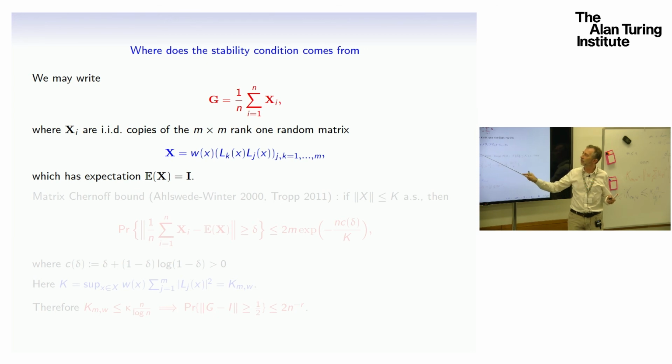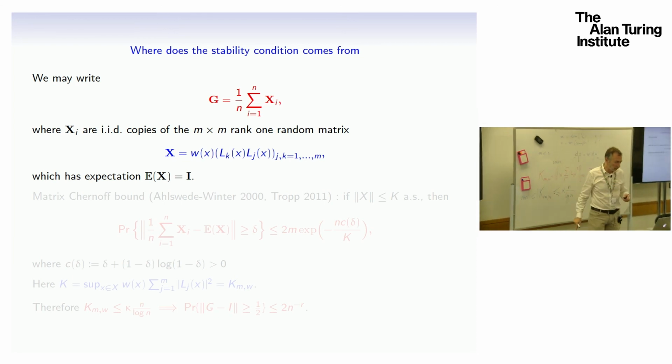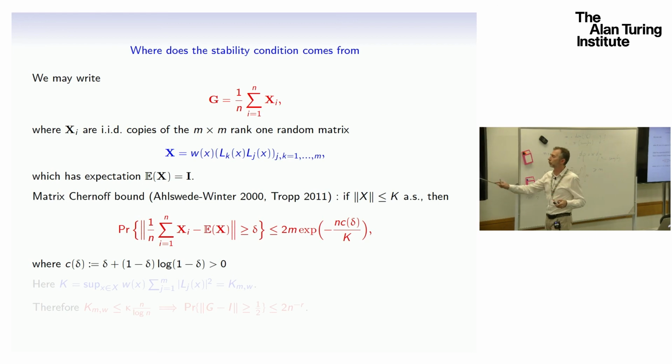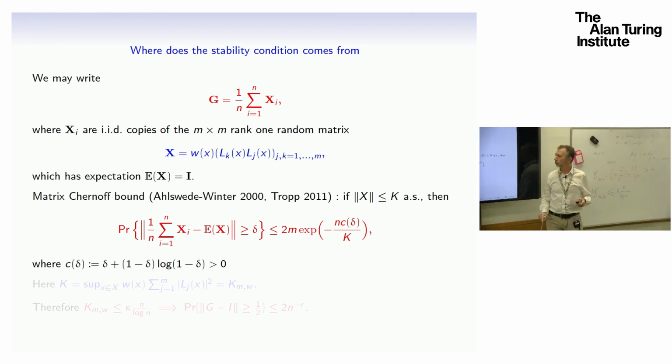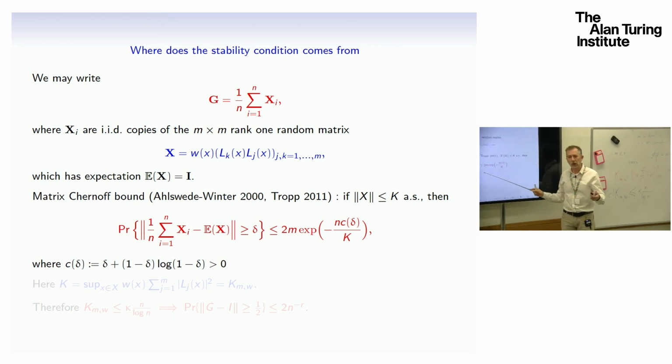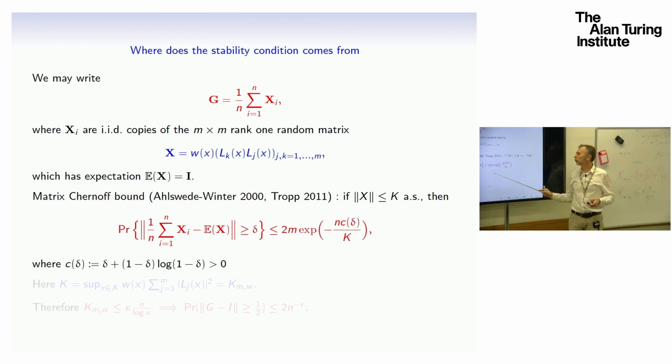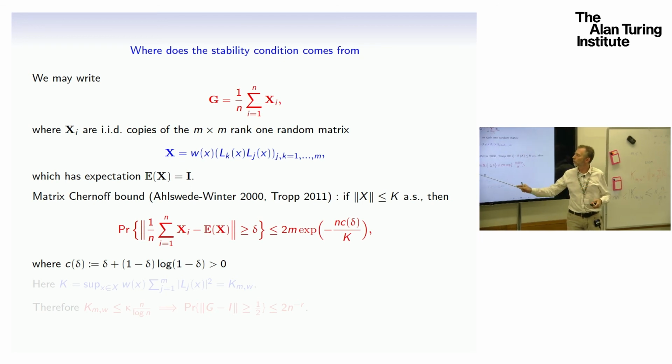Its expectation is the identity, and you try to understand how its empirical average deviates from this expectation. There are all kinds of bounds for this. There's a famous paper by Joel Tropp, which gives all kinds of possibilities that generalize the standard concentration bound for scalar random variables, and the one we use is what's called the matrix Chernoff bound, which was introduced by these authors.